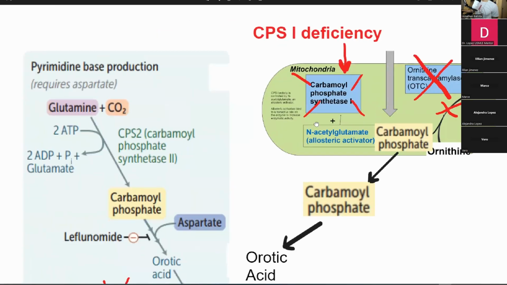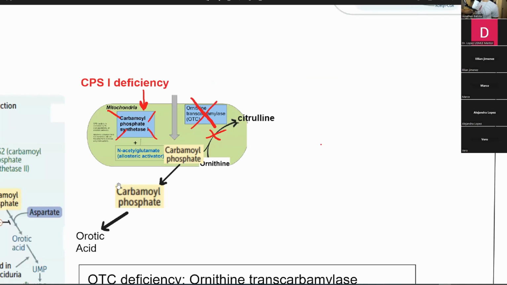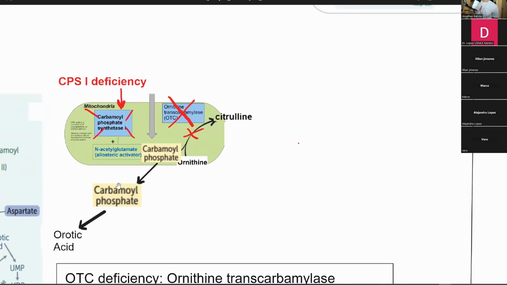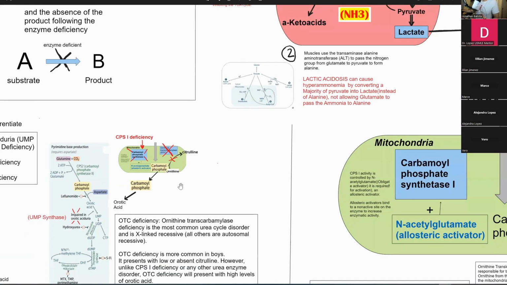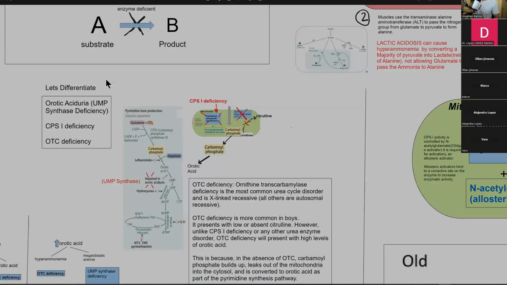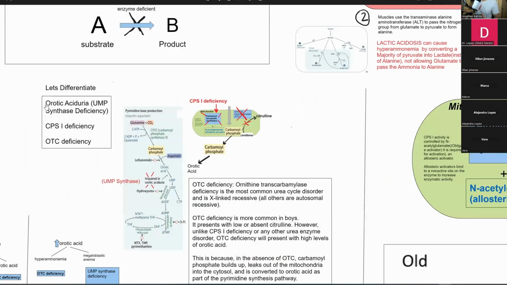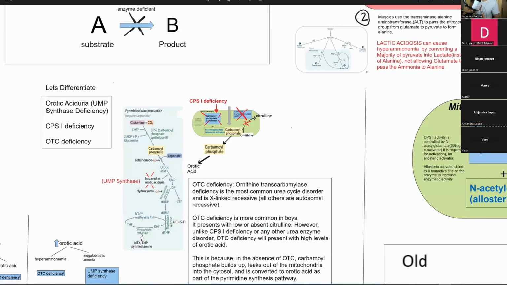Now, why does this happen? I'll tell you why. In OTC deficiency, you have a buildup of carbamoyl phosphate. So yeah, these pathways are different, the enzymes are not connected. Let me explain it to you like this, and this should make sense. And definitely ask me questions and we'll answer them.